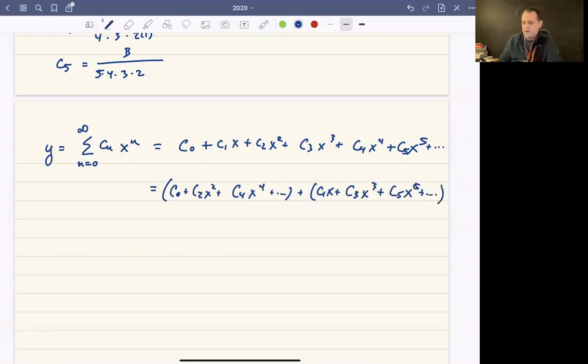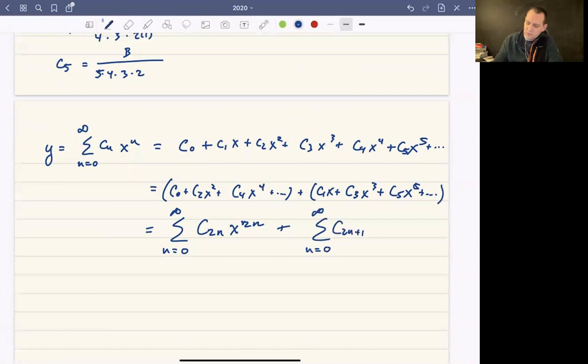Okay, so that's our value y. And what this is, if you think about it, is the sum of c sub 2n x to the 2n, right? You have the even terms plus the odd terms. It's the sum from 0 to infinity, c sub 2n plus 1 x to the 2n plus 1.